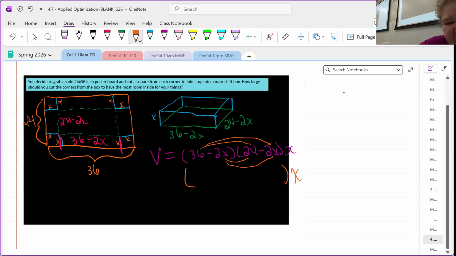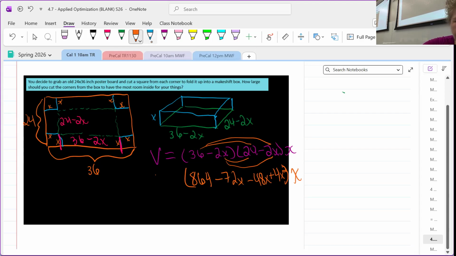I just usually multiply it out because that's usually less problematic. 36 times 24 is apparently 864. Minus 36 times 2 is 72x. Minus 48x. Plus 4x squared.